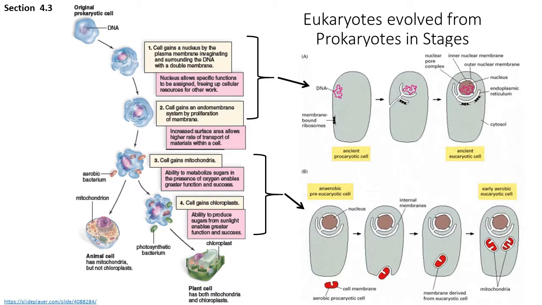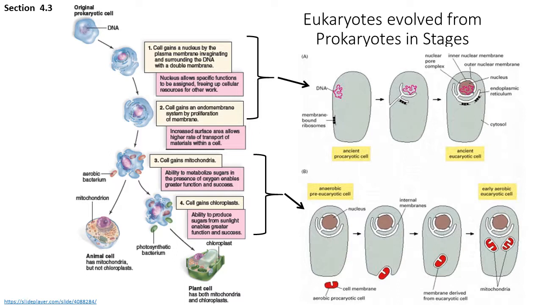Afterwards, the cells gained, this same cell that had the nucleus gained mitochondria through endosymbiosis of mitochondria, and it gained chloroplasts through endosymbiosis.